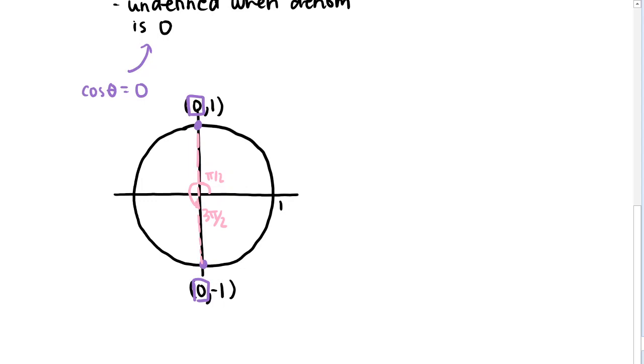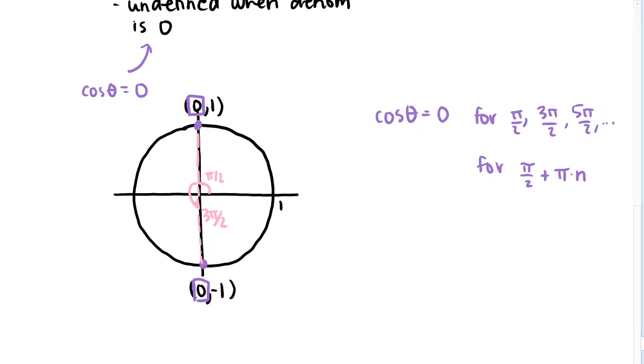So we see that cosine of theta is 0 for pi over 2, 3 pi over 2, 5 pi over 2, and so on, or in other words, for pi over 2 plus pi times n. Here, n is some integer, some whole number, which could be positive or negative.